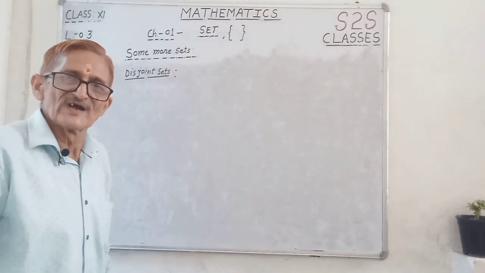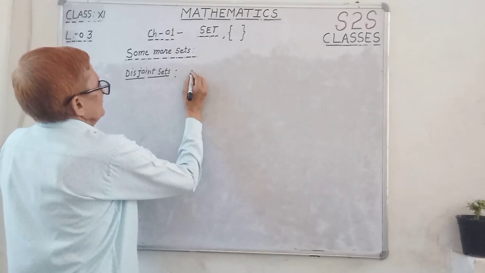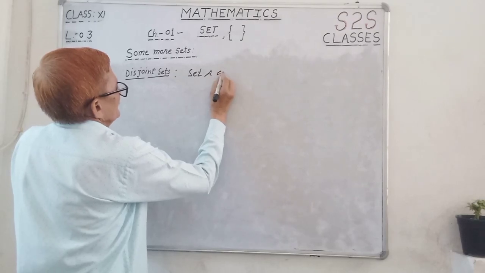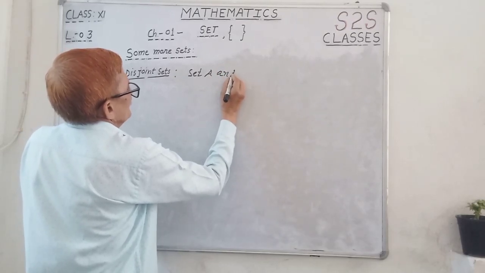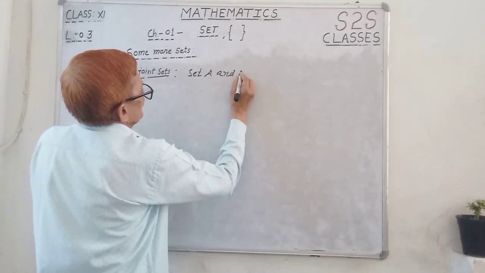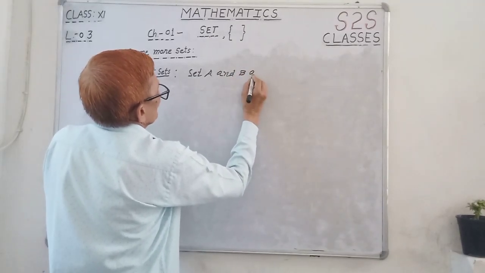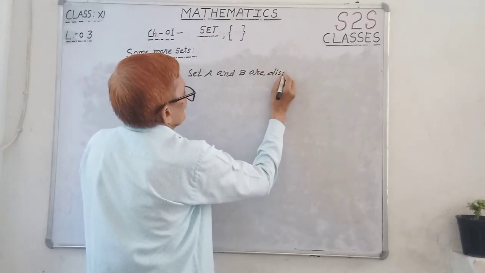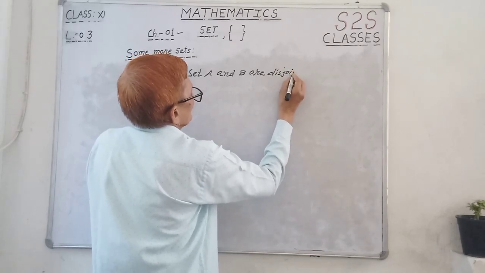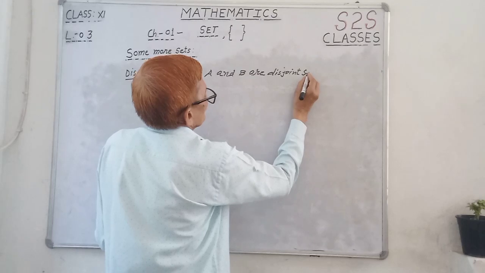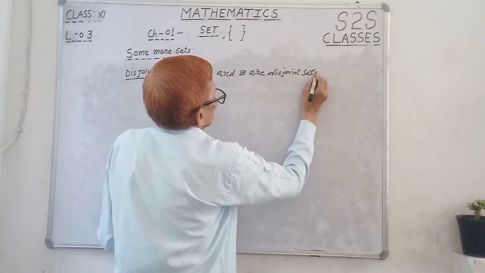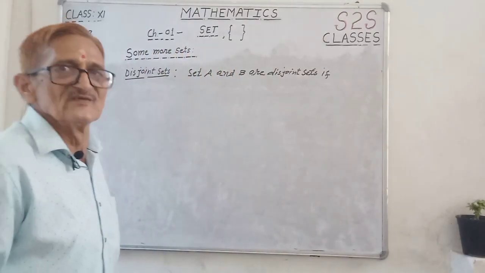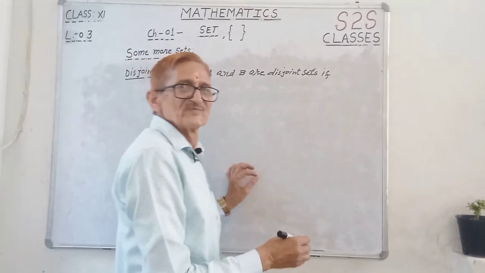Disjoint यानी एक दूसरे के disjoint हैं. So there is a set A and a set B. Sets A and B are disjoint sets if the intersection of both is the empty set.